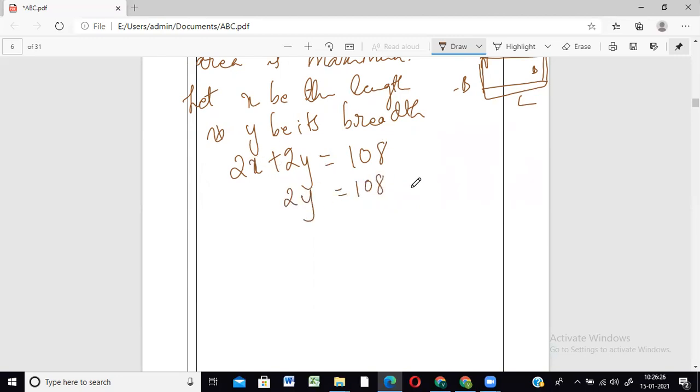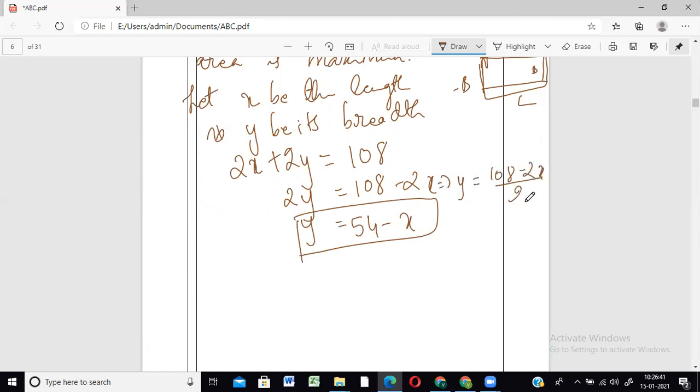So 2y will be 108 minus 2x. Y will be this full thing divided by 2, right? So y is equal to 108 minus 2x divided by 2, which is 54 minus x. So this is your main equation number 1.